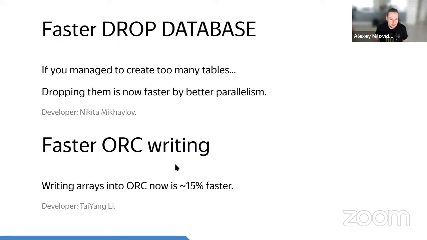If you used to write data in ORC format, I don't know why, what is the case for ORC format instead of Parquet, but whatever. If you need to write ORC often, now it is 15% faster.